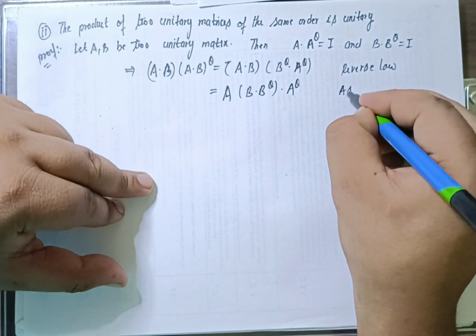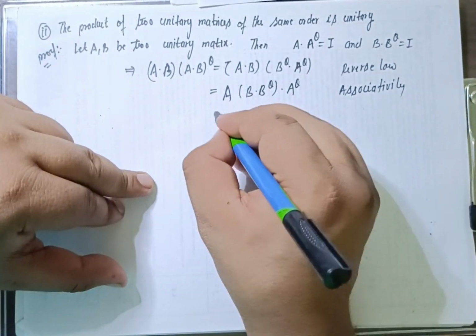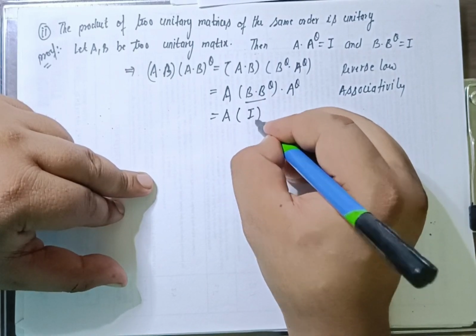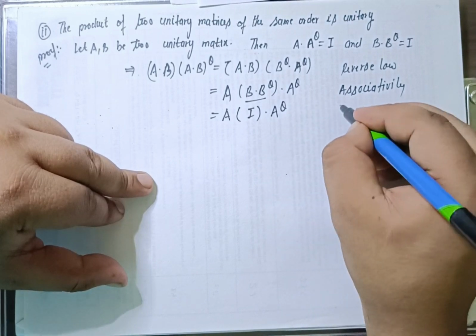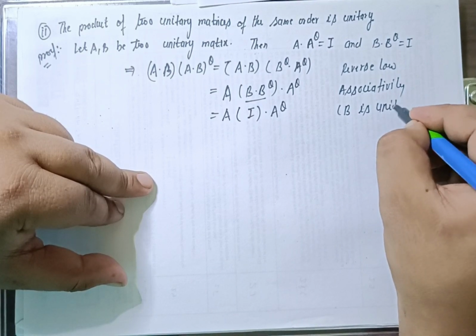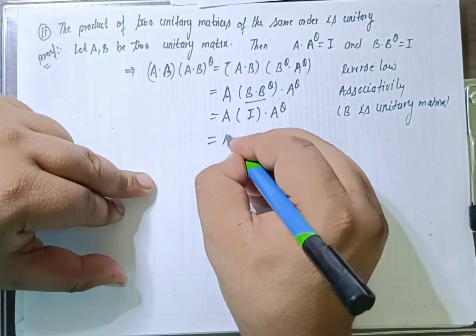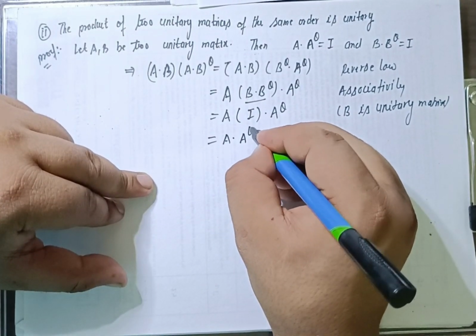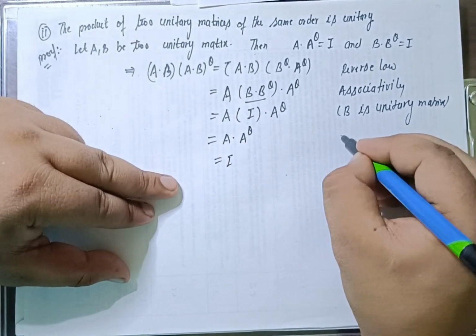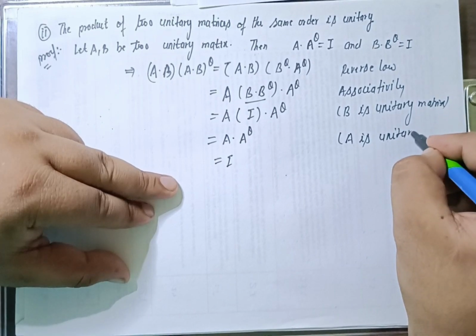Here we are applying associativity. Then we apply the property of the unitary matrix, that is A into I into A theta, since B is a unitary matrix. Similarly, because identity can be absorbed by any matrix, this becomes A into A theta, which is equal to identity because A is a unitary matrix.